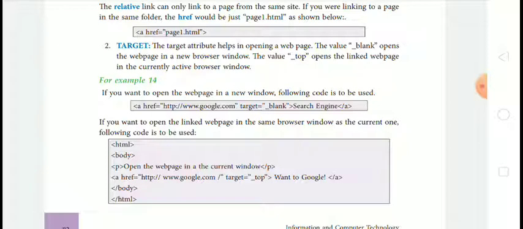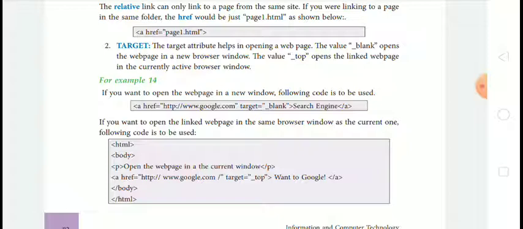Target. The target attribute helps in opening a web page. The value blank opens the web page in a new browser window. The value top opens the linked web page in the currently active browser window.